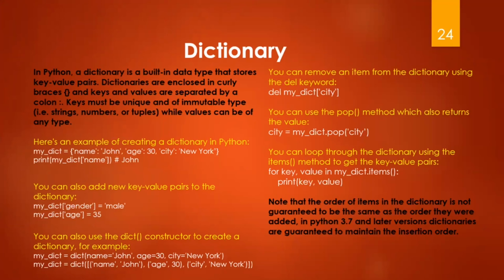Then the last one we discussed was dictionary. See, John, age, city, anything, age, gender, you can add some more. You can access the particular city or age by writing city. It will return it to you. You can delete also, like you're adding, you can also delete.